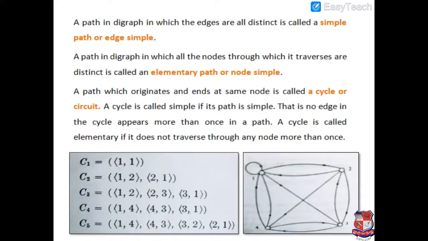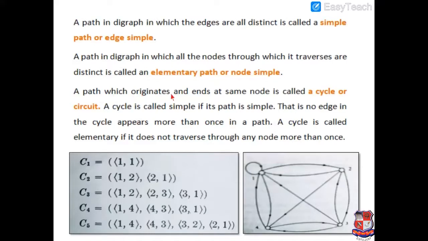A path in a diagram in which all the nodes through which it traverses are distinct is called an elementary path or node simple. That means if the nodes through which it traverses are all distinct, the nodes are not repeating, then that path is called an elementary path or node simple.